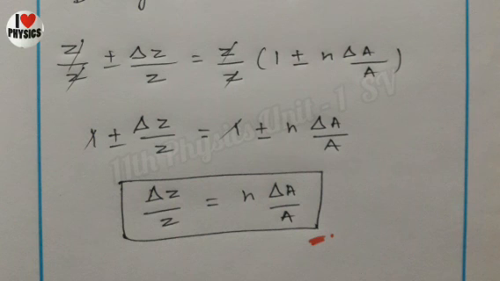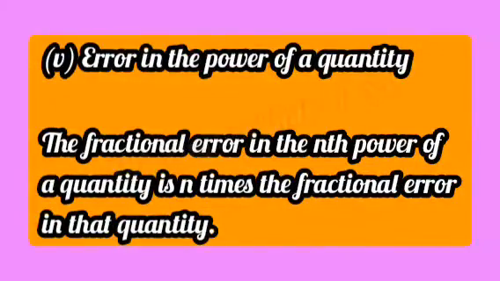So del z divided by z equal to n del a divided by a. Finally, for error in the power of a quantity, the fractional error in the nth power of a quantity is n times the fractional error in that quantity.